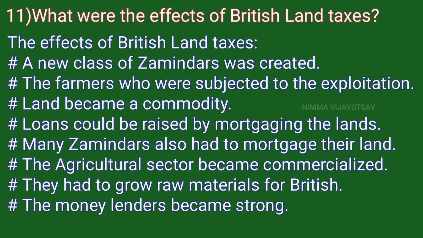Loans could be raised by mortgaging the lands. Many Jamindars also had to mortgage their lands. The agriculture sector became commercialized. They had to grow raw materials for British. The moneylenders became strong.